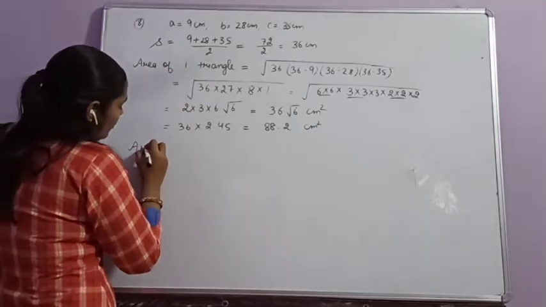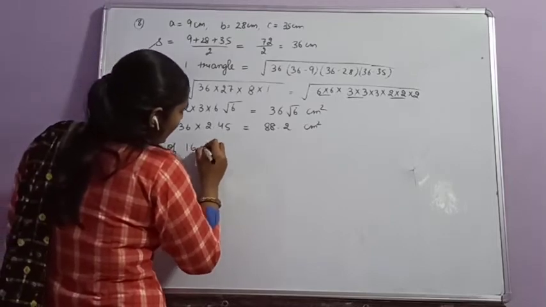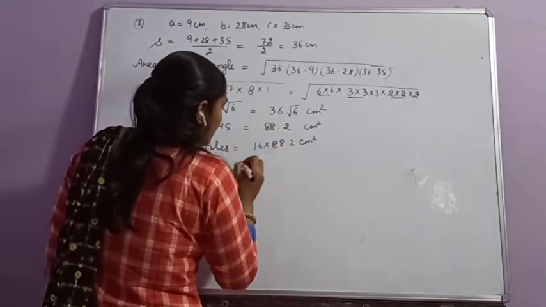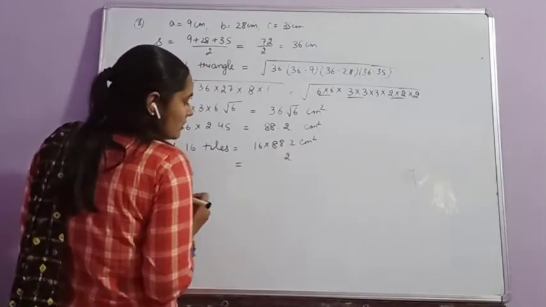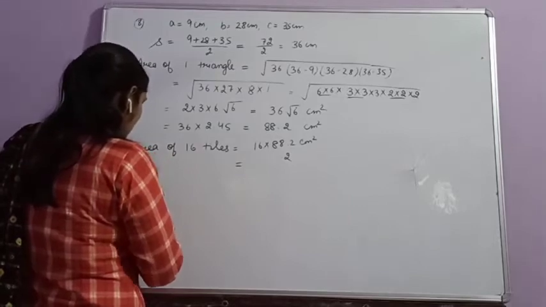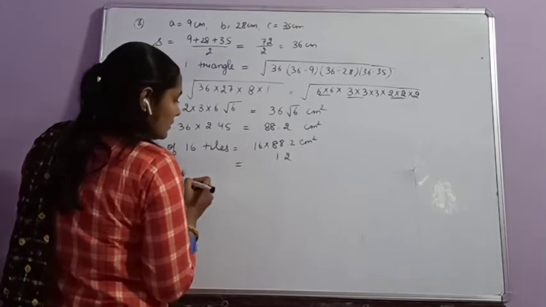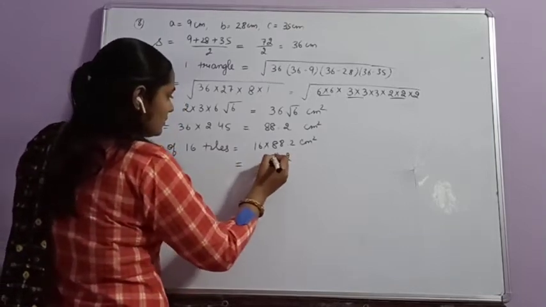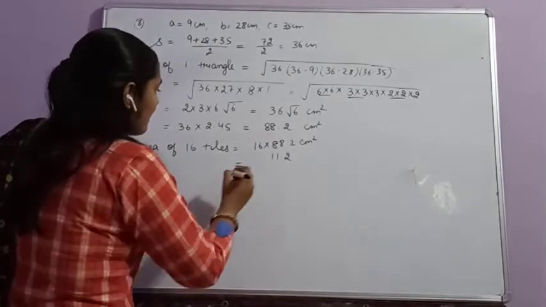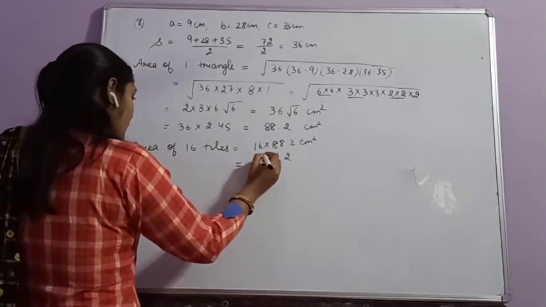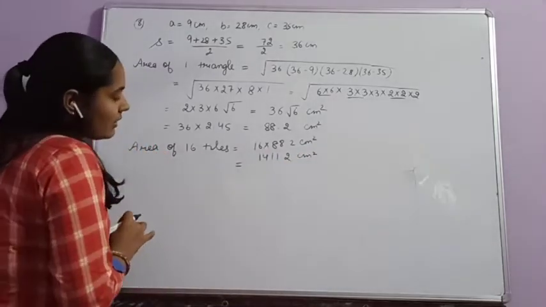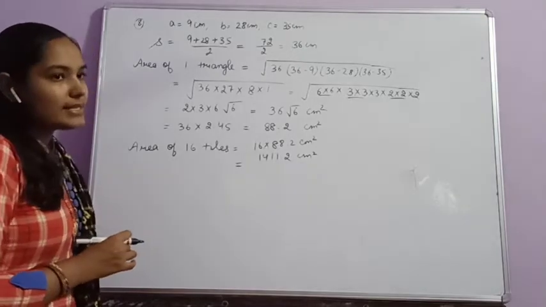Now area of 16 tiles, that is equal to 16 multiply with 88.2 square centimeter, that is equal to 1411.2 square centimeter.